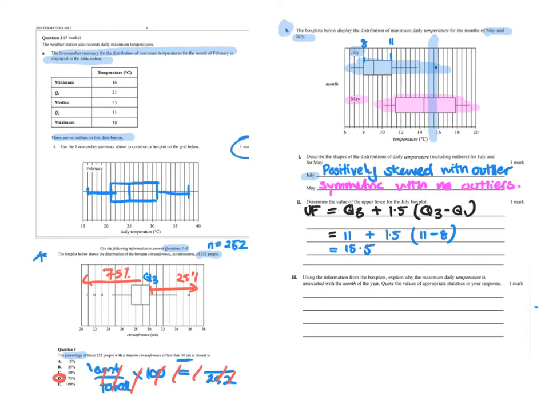Okay, using the information from the box plot, explain how maximum daily temperature is associated with the month of the year, quoting the appropriate statistics.